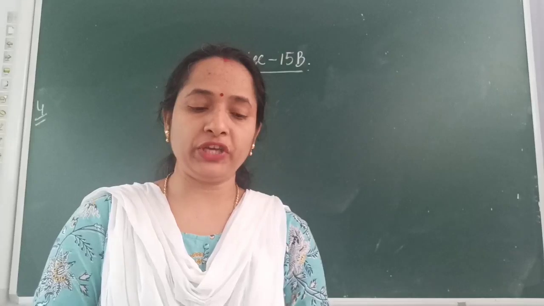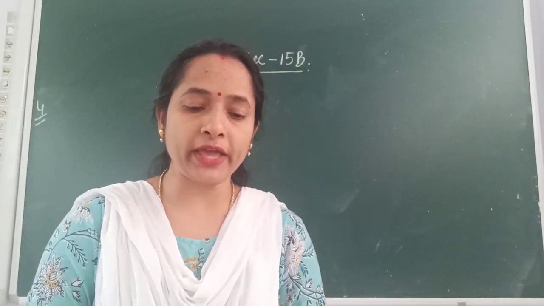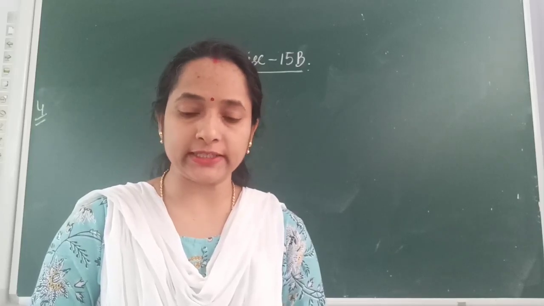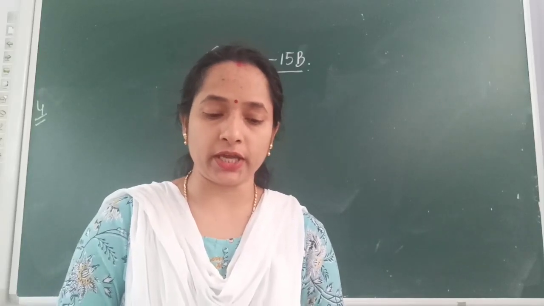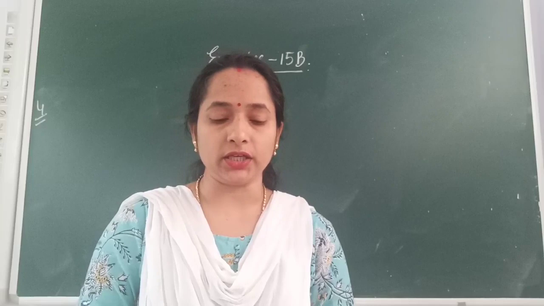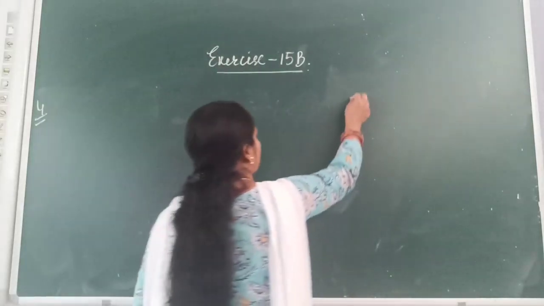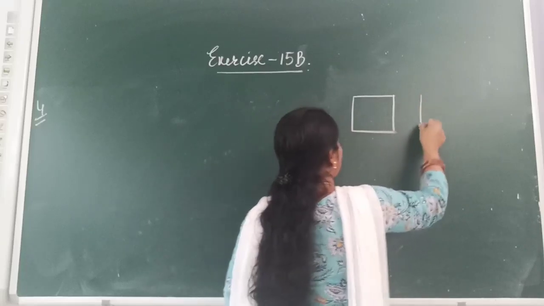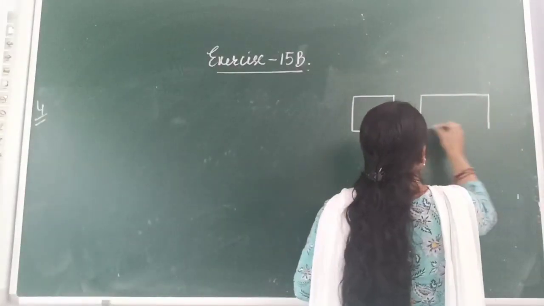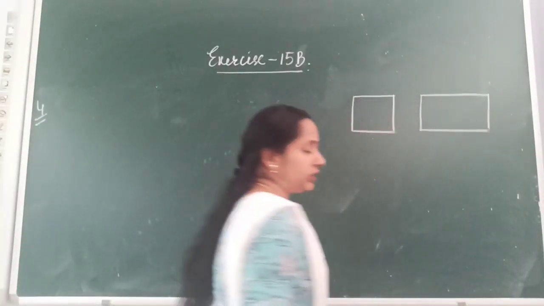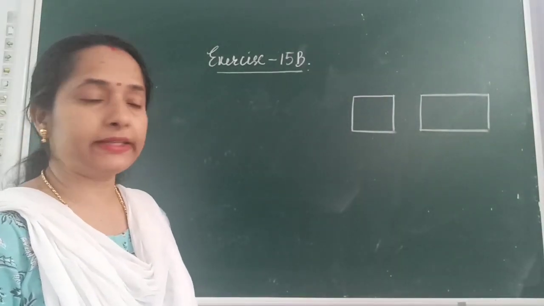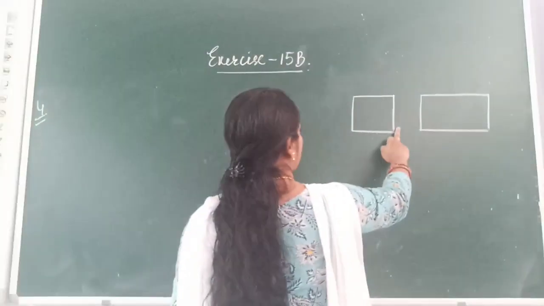The next question we have is question number 4. A square with side 60 centimeter and a rectangle with breadth 40 centimeter are equal in area. Find the length of the rectangle. So children, here you are given the dimensions of a square, but for the rectangle only the breadth is given, the length is not given.